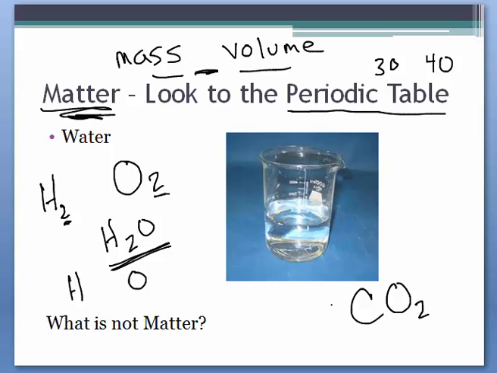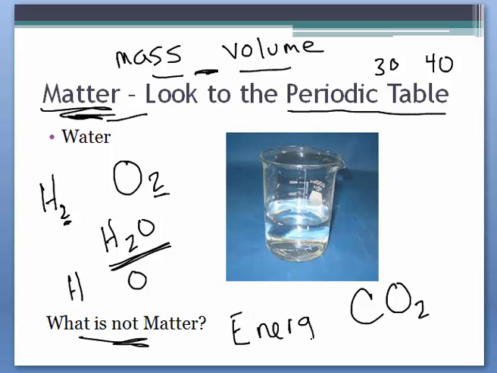So down here it says what is not matter, and there are lots of things that are not matter. Ideas, beliefs, ESP, all sorts of things. But for us, we're really going to categorize things into two categories: matter and energy.